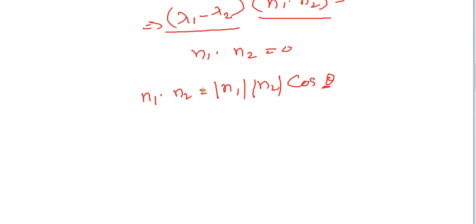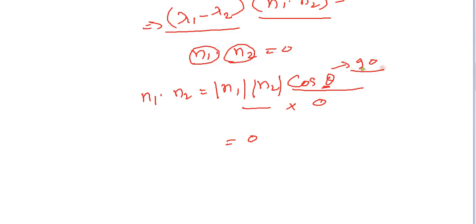So this must be 0 if theta is 90 degrees. If theta is 90 degrees, then cos 90 degrees is 0, so 0 times this is equal to 0. So if the angle between n1 and n2 is 90 degrees, then definitely n1 dot n2 is 0.